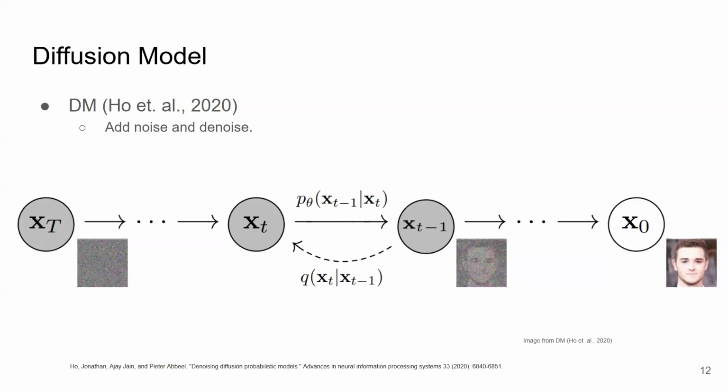And if you keep applying the same denoiser from the random noise until it gets a real image, then because the model learns to denoise, it's able to reverse the noising process and get the clean image. So I'm not going to go into detail of how this is done.